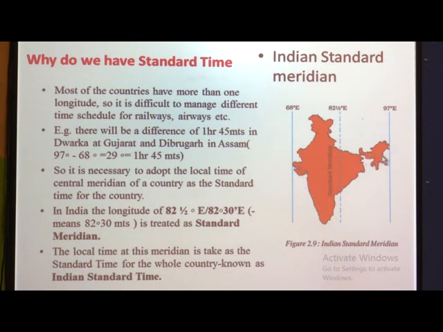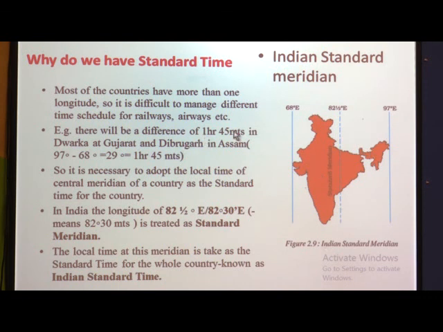They are both at the corners of our country, one at the westernmost corner and the other at the easternmost corner. So how much difference is there, children? There is a difference of 1 hour 45 minutes between Gujarat and Assam.